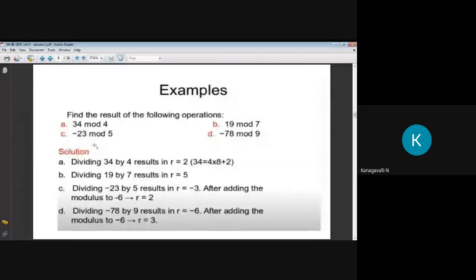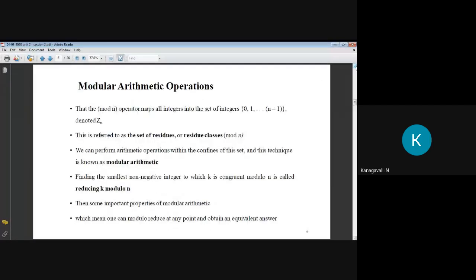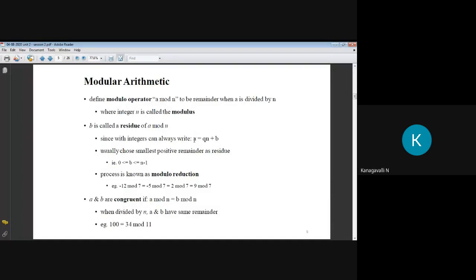Okay. Did you note the previous equation? I said that a equals q n plus r. So write according to this equation format: a equals q n plus r.